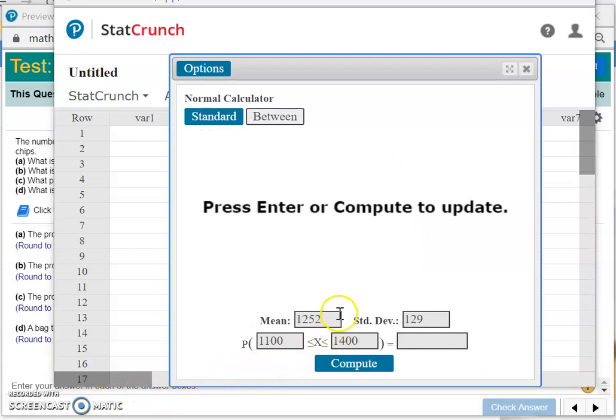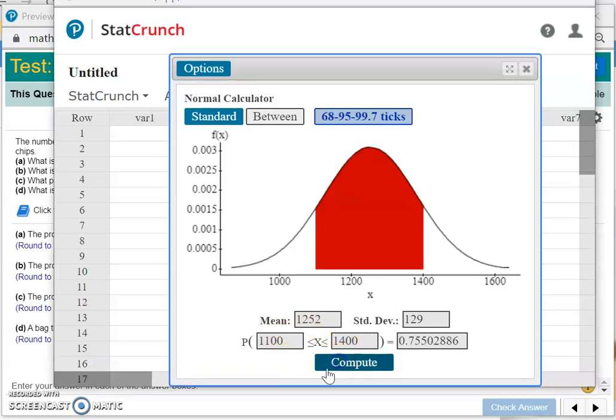So once I put the mean and the standard deviation in, I said I'm working with a normal distribution that has these parameters, right? Then I'd like to know the probability of randomly selecting a bag that has between 1100 and 1400 chips in it. So I hit compute, and boom, there I can see right off the bat, is this the window I was looking for? And it is, right? Between 1100 and 1400. This looks great. It gives me the probability.